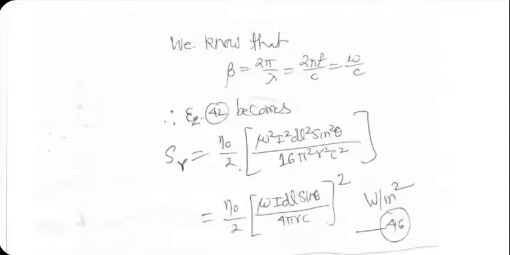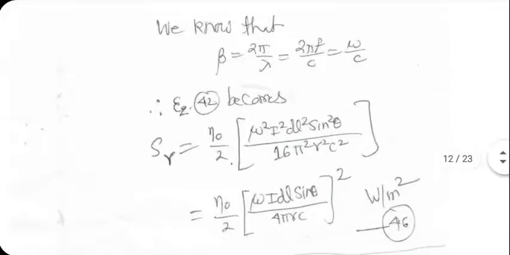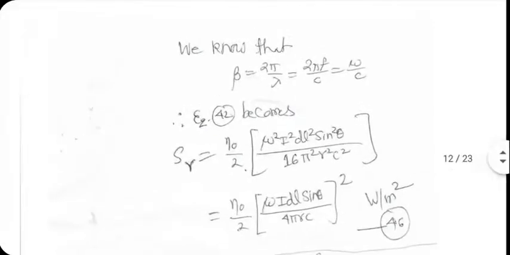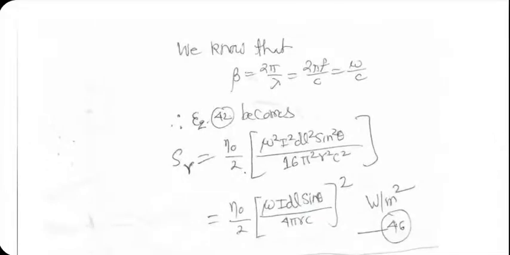The longer the antenna, as long as it is not too long, because then the assumptions of constant current, etc., will fail anyway. But if you have a reasonably small antenna and you double the length, the radiated power density will be multiplied by 4. And sine square theta is involved in radiated power density. r square is involved. If you double the distance at which you are observing the S value, the value will go down by a factor of 4.